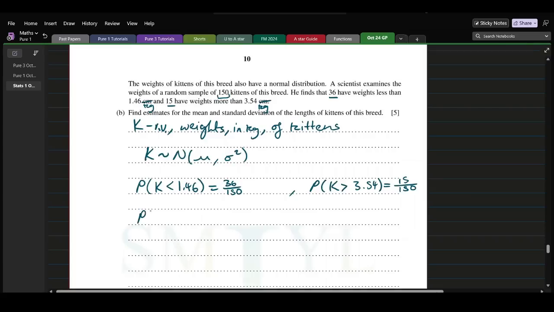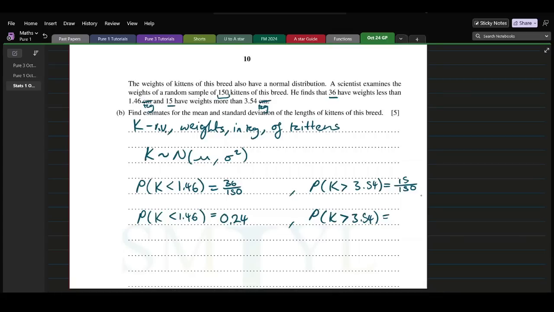So the probability that K is less than 1.46 is equal to, let's punch 36 over 150 into the calculator. That gives us 0.24, and then we can evaluate K greater than 3.54, and that gives us 15 over 150. That gives us 0.1.